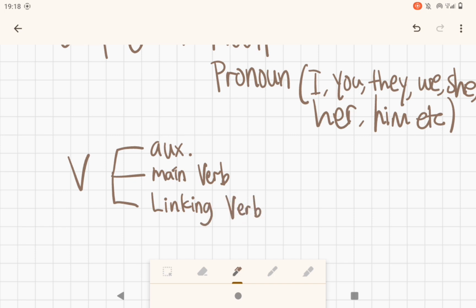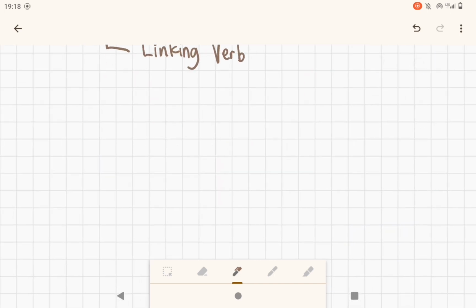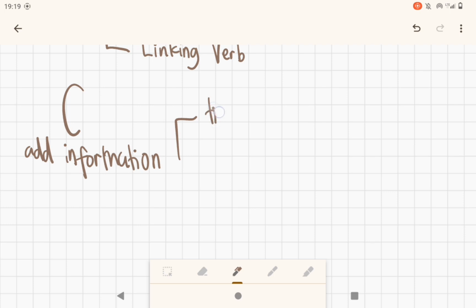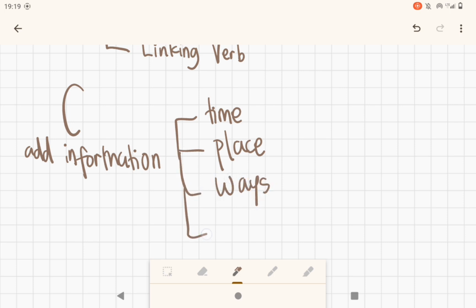Okay, the next one is the complement. What is a complement? A complement is actually additional information. It could explain the information of time, the information of place, or the way the subject does something, and also general information.